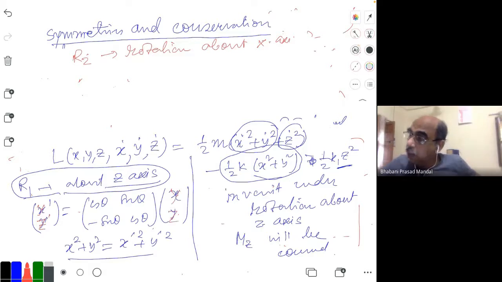But now the y square term has a coefficient half k, and the z square term has a coefficient half k1.